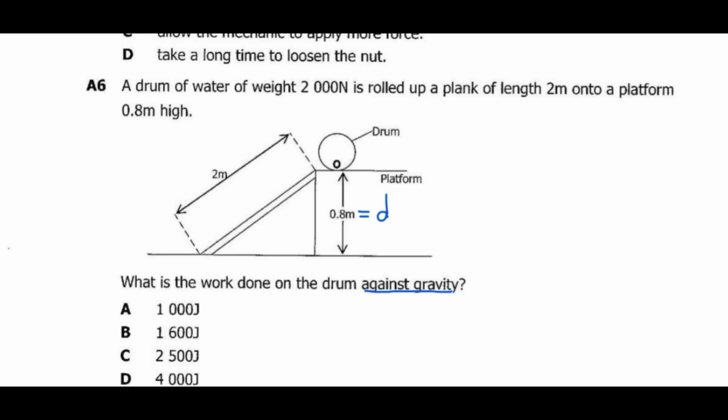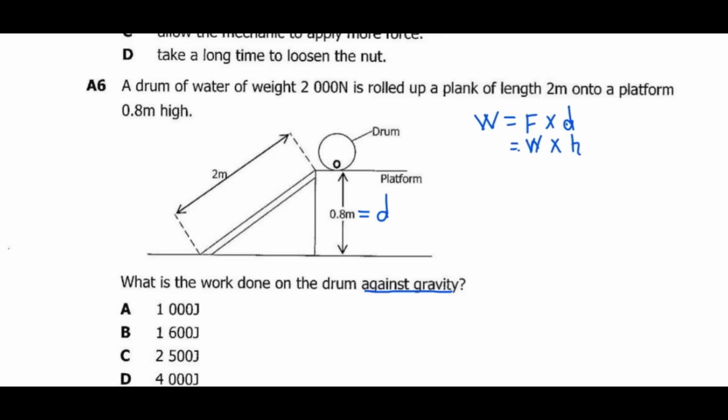So what is the formula for work done? We know that work done can be calculated by the force times the distance. Now, whenever we are looking at the weight of something against gravity, where there is force, we are going to put the weight. Then the distance, since it's perpendicular, you use the height.